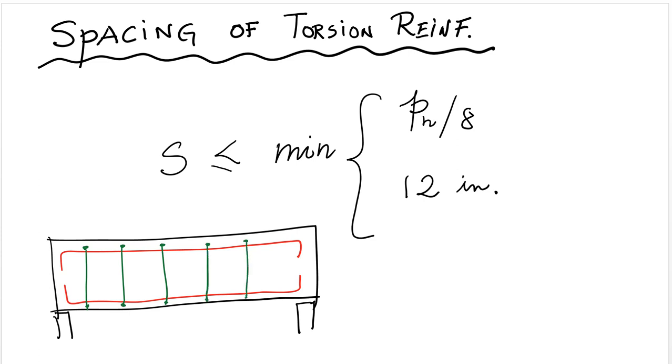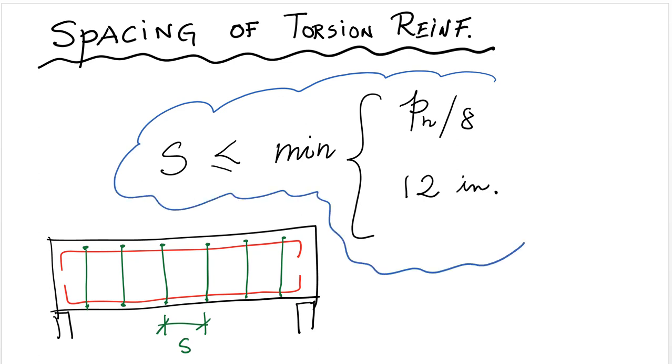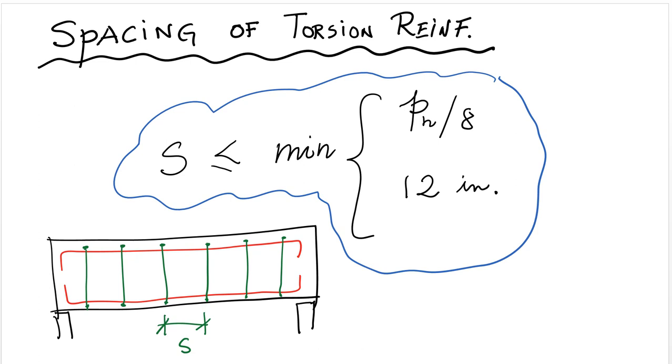The spacing of that reinforcement has to be less than this value right here, the minimum of ph over 8, right? ph being the perimeter of the center line of the transverse reinforcement, or 12 inches.